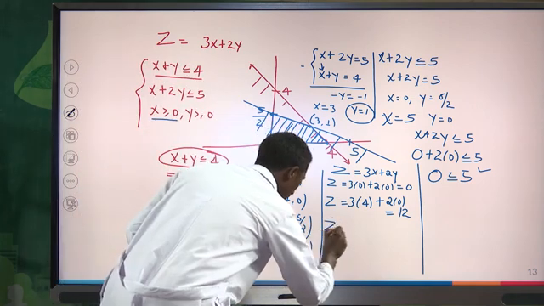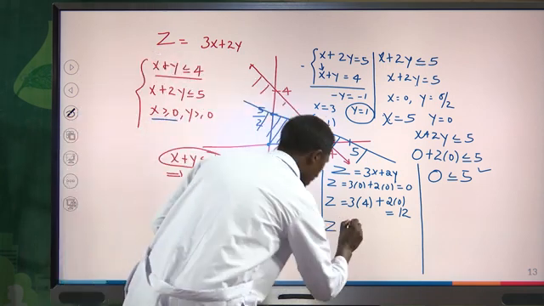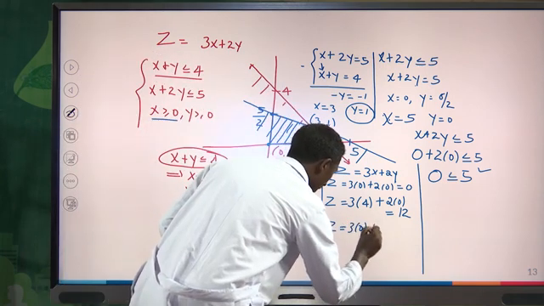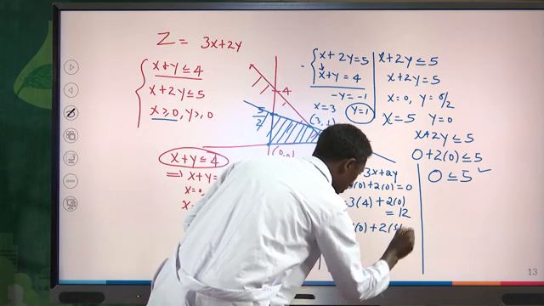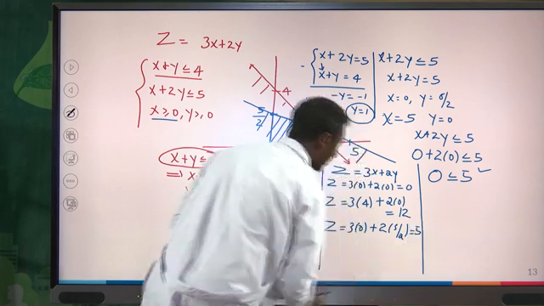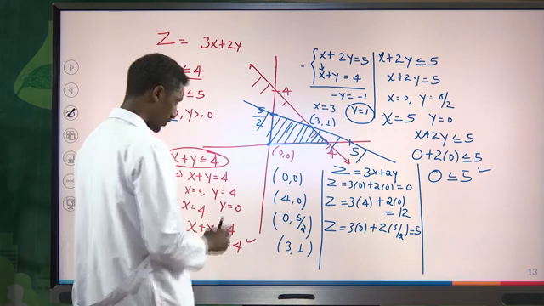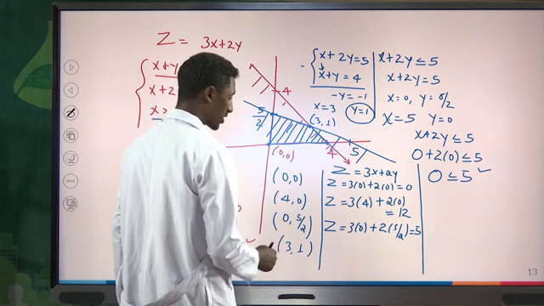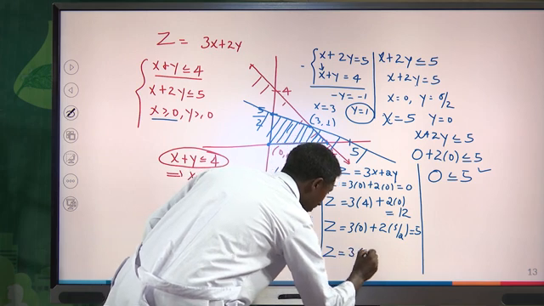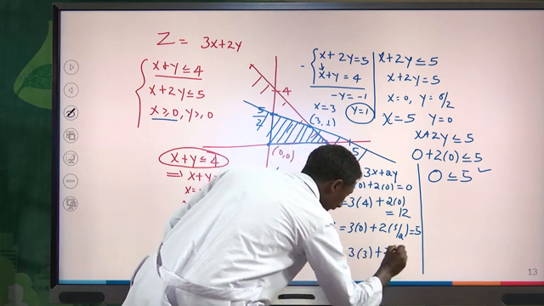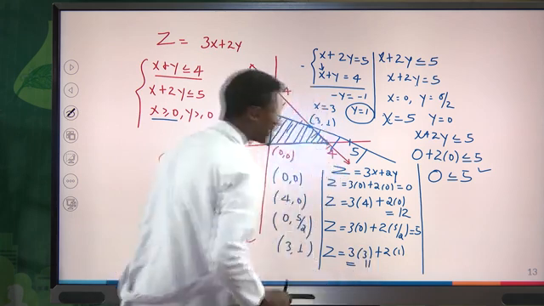And the other value, at (0, 5/2): 3 times 0 plus 2 times 5/2. This one is equal to 5. So at (0, 5/2), z is equal to 5. And finally, z equals 3 times 3 plus 2 times 1. That is 9 plus 2, which is 11.